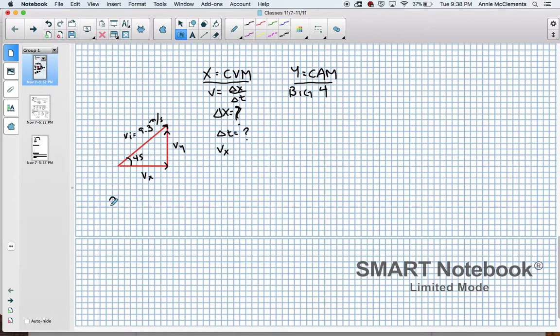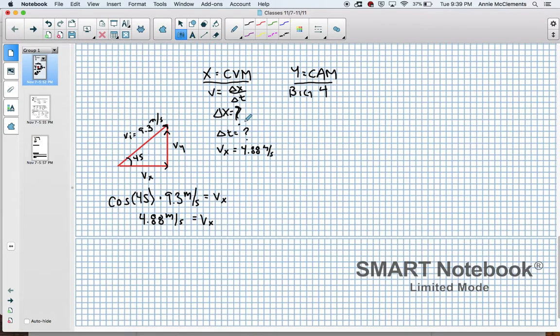So we could use the cosine of 45 times 9.3 meters per second, and that's going to equal the velocity in the x direction. This equals 4.88 meters per second, and that is our Vx. So I'm going to plug that in here for our initial velocity in the x direction, 4.88 meters per second.